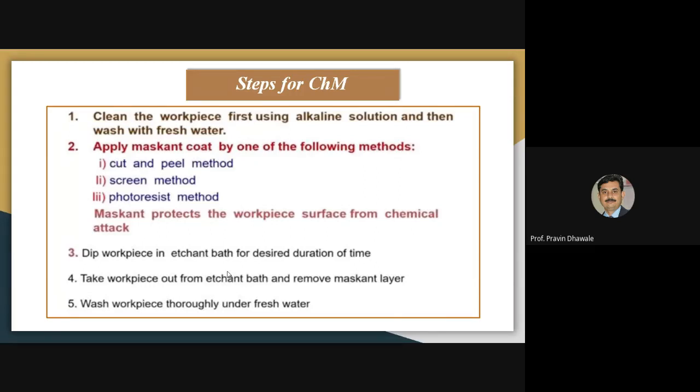After that time, you have to take out the workpiece from that etchant bath and remove the maskant layer. When you have removed the maskant layer, then you have to wash out this workpiece thoroughly using fresh water. Read this step of chemical machining.